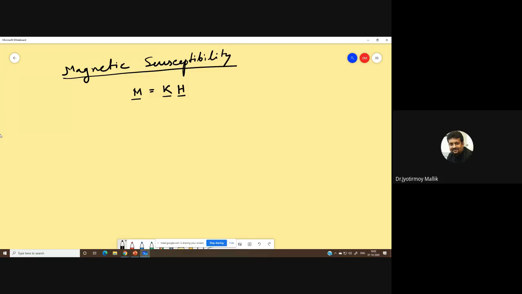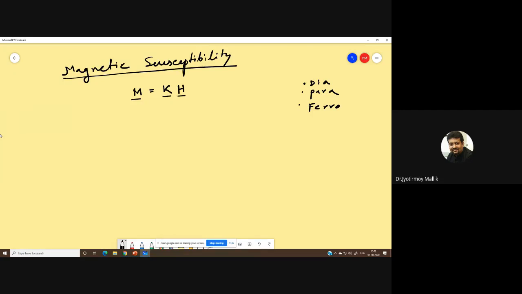Based on the value of K, we have subdivided different minerals and rocks into three categories: diamagnetic, paramagnetic, and ferromagnetic.